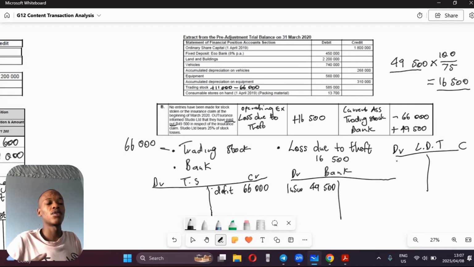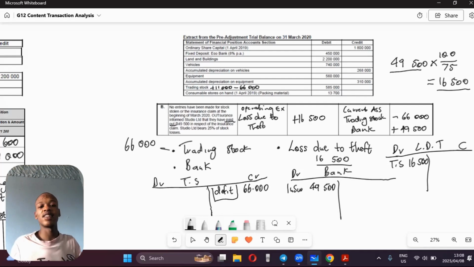DR, CR, loss due to theft is going to be debited. And then it's trading stock, and then 16,500. So I've written deficit here because this 66,000 is going to be a sum of 49,500, this one covered by insurance, and then also the 16,500 for loss due to theft. So I've just decided to combine the two. There is that. I hope you get it.